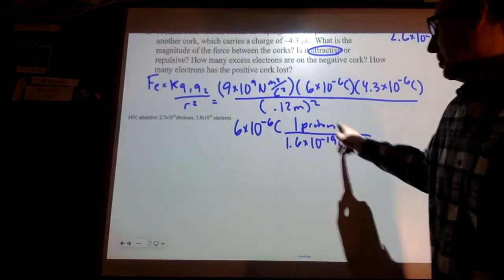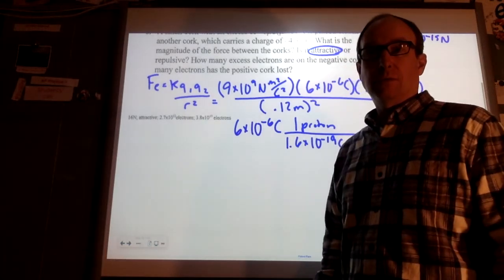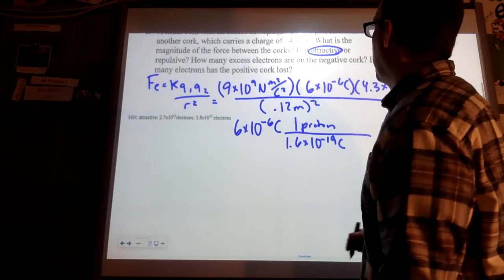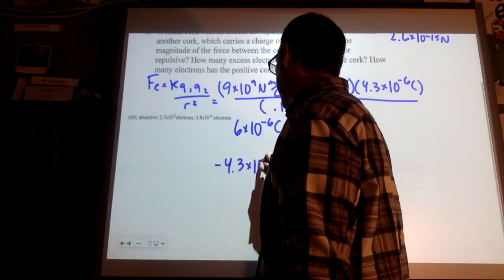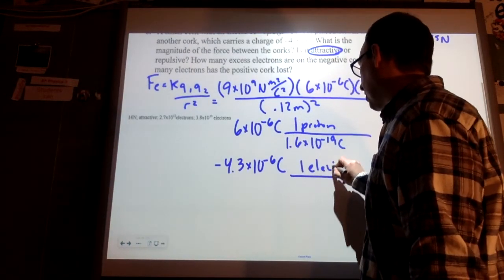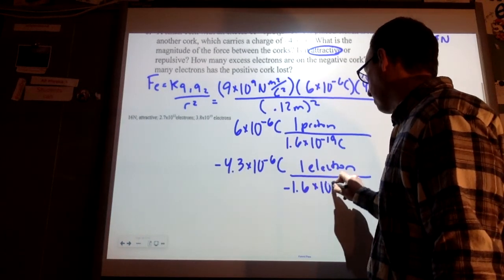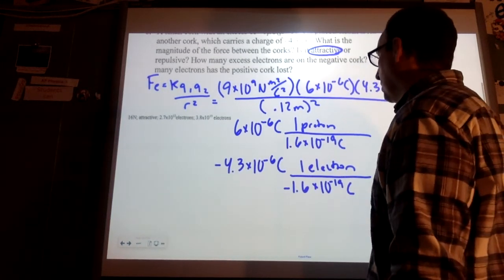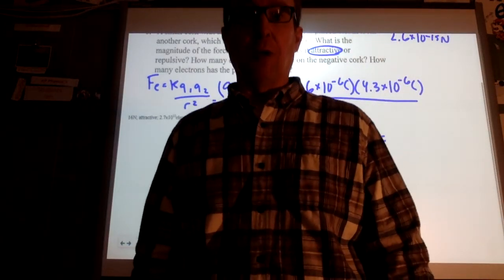So these will cancel out, and I'll be left with a number. And then for the other one, I have negative 4.3 times 10 to the negative 6 coulombs, and I know that the elementary charge of an electron is the same as the proton, just opposite. So try to put that in your calculator and see if you get the answer that agrees with what's in your notes.